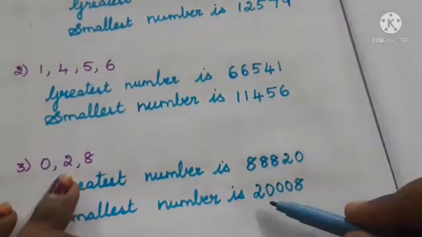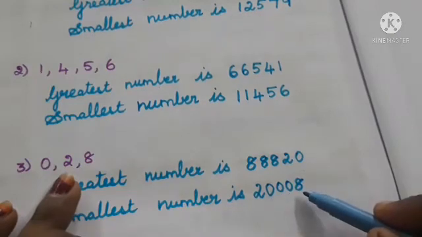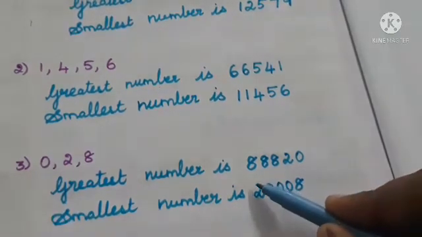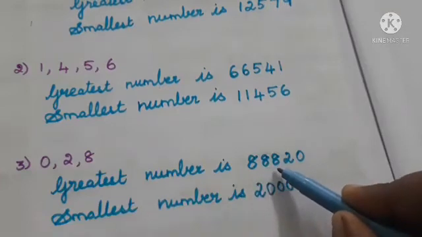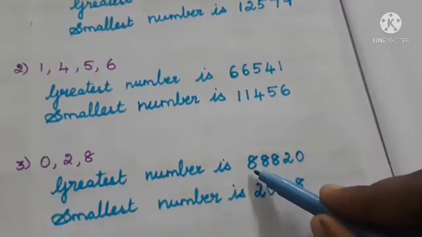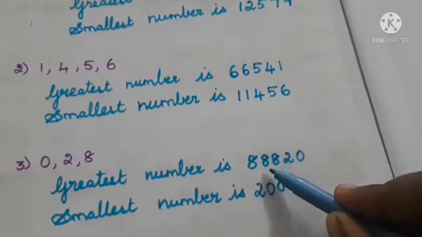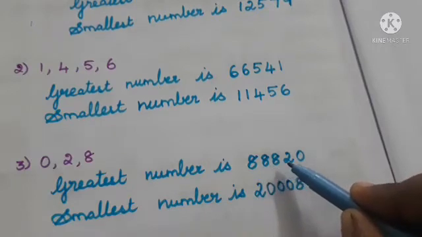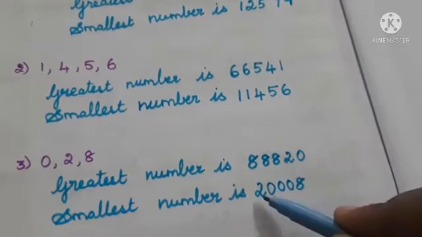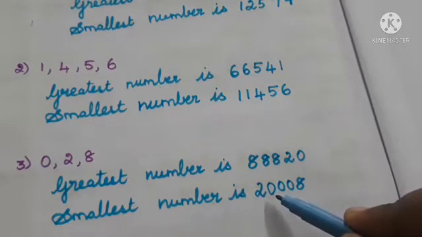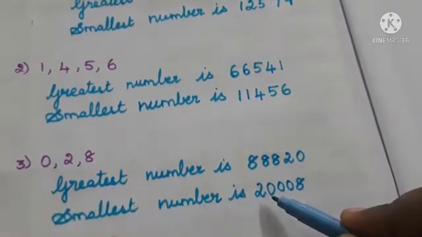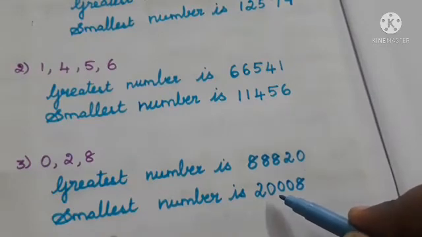Now we got a 5 digit number: 1, 2, 3, 4, 5. Have you understood? Look at here, the greatest number is what? 88820. That means we have to repeat the greatest number 8 for 3 times. Then next we have to write the smallest number. 0 is the smallest value, isn't it?